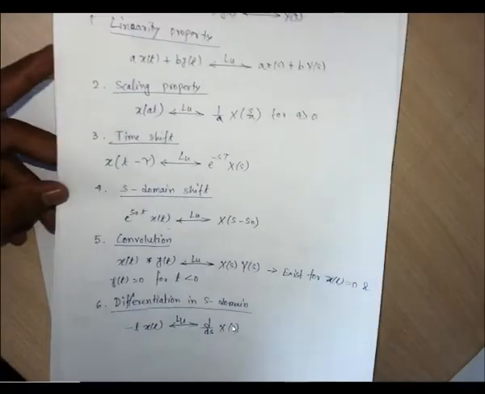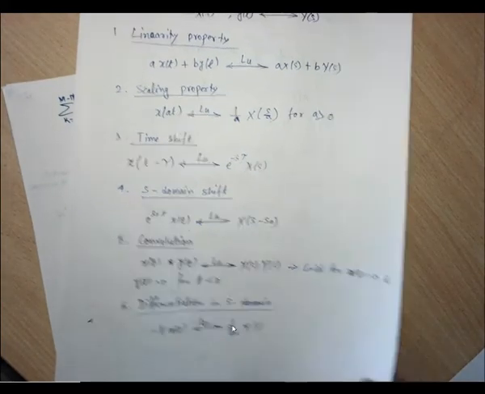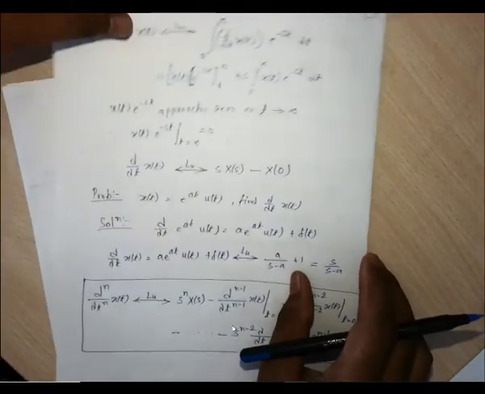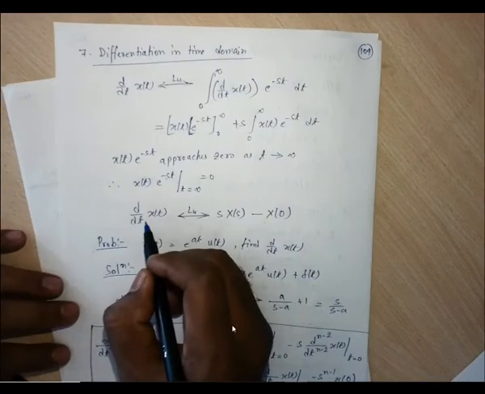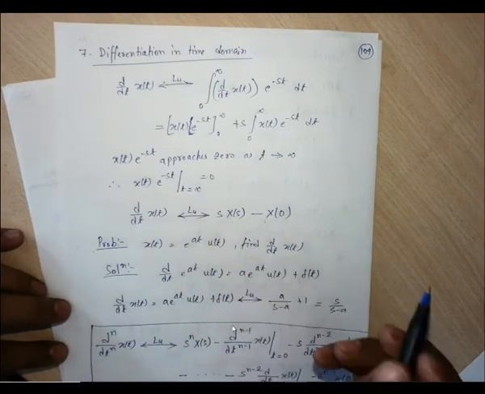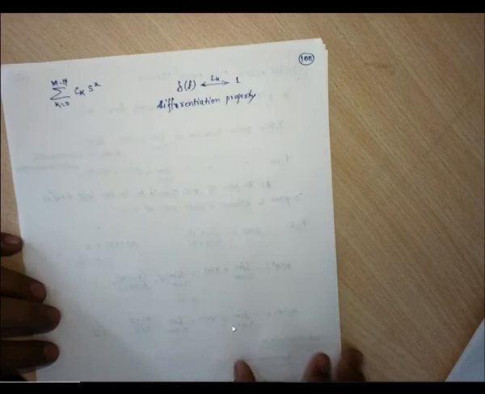Yes, this is the differentiation property: if we do the differentiation in the time domain, then we are supposed to have s X(s) minus x(0). If we use this property here, we can find something like that.